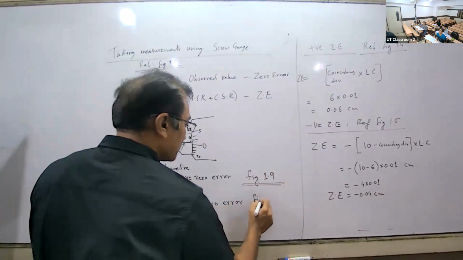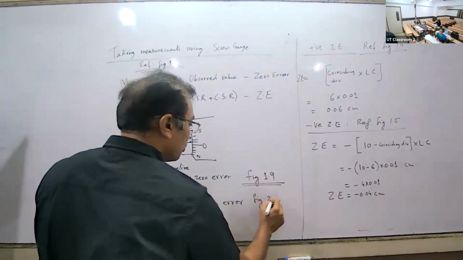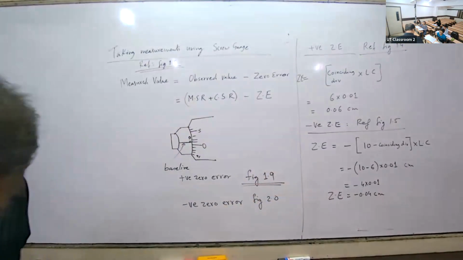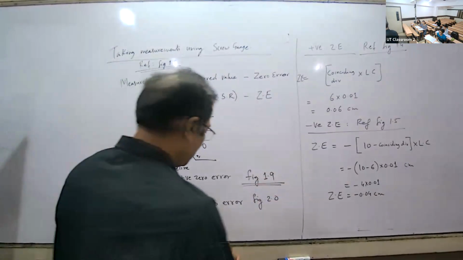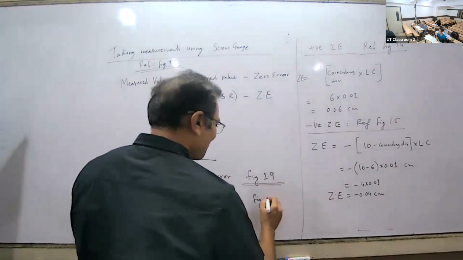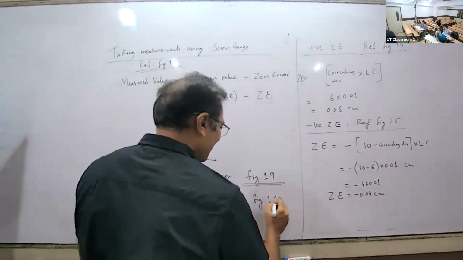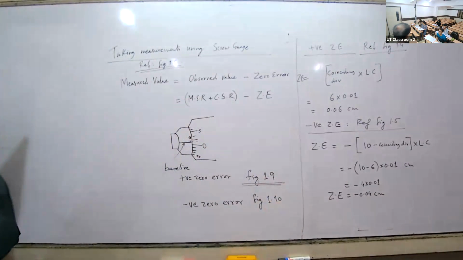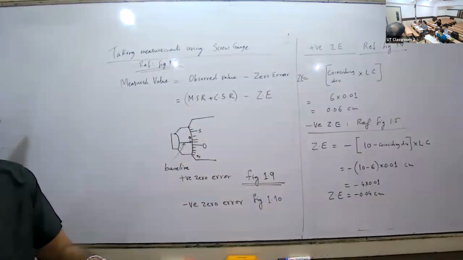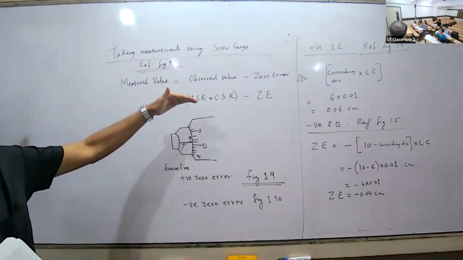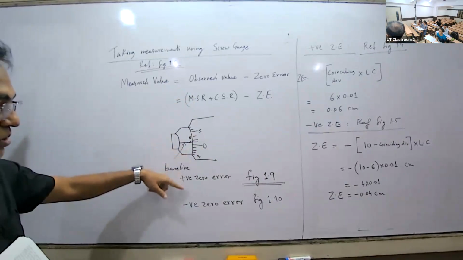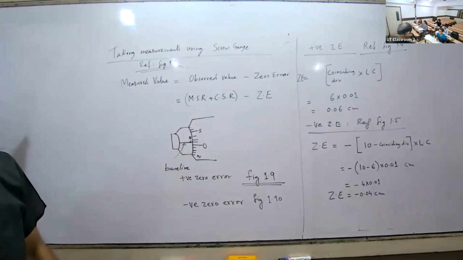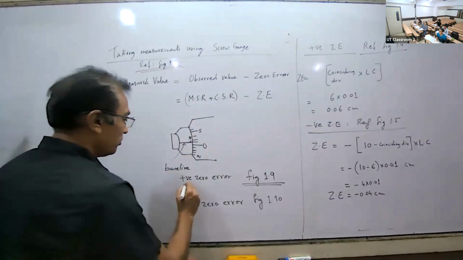That is figure 1.10. So whenever there is negative, the zero will be above the baseline, and for positive, it will be below the baseline. So you can write down, below baseline.